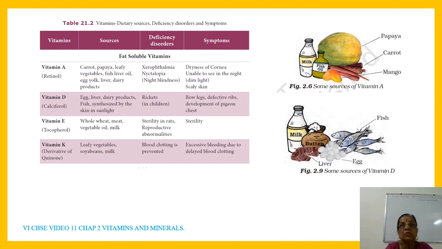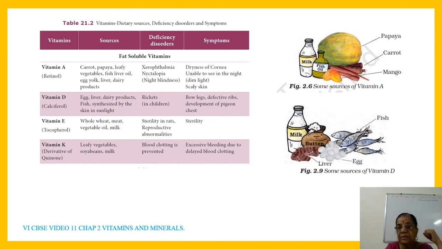These are all sources of vitamin A. And if this vitamin A is inadequate, of deficit quantity, the deficiency disorders are xerophthalmia and nyctalopia. Vitamin A deficiency will affect the eye. Xerophthalmia, nyctalopia, which is night blindness.